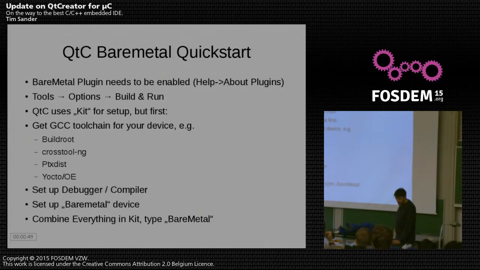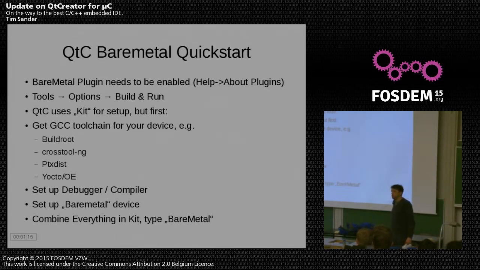I talked about these kits before, and you need to get a tool chain for your device, so you can either use a tool chain available, like the tool chain on Launchpad, embedded GCC tool chain. It's, for example, an ARM tool chain, but any GCC-based tool chain will do.